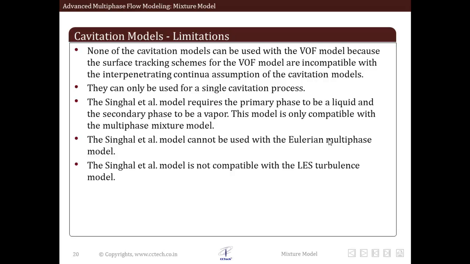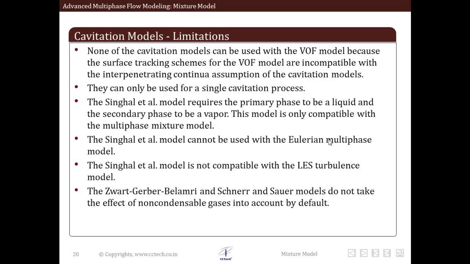It is also not compatible with the LES turbulence model. The Zwart-Gerber-Belamri and the Schnerr and Sauer models do not take the effect of non-condensable gases into account. So these are some of the limitations when it comes to modeling cavitation within Fluent, and we have to consider them whenever we go on solving a cavitation problem. Next we will see how to set up a cavitation model and how to give user inputs for activating the cavitation model.